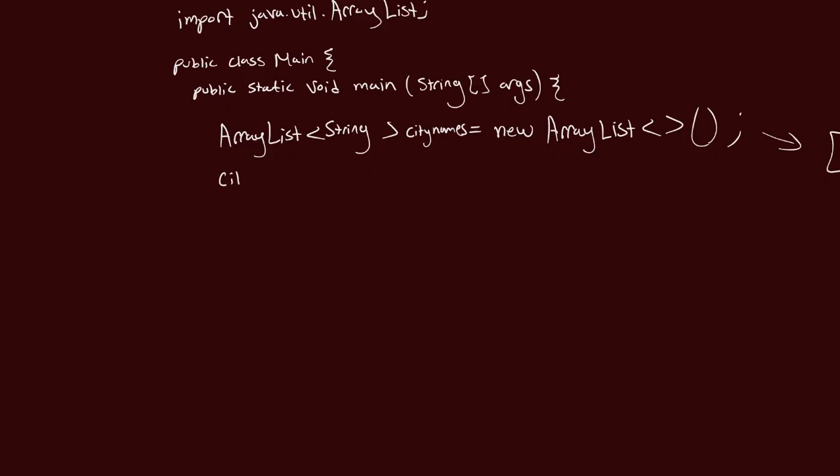So let's do cityNames.add, and you can add a string into it. Let's do Denver. Now the array has one value inside it. So you can continue however much you want.